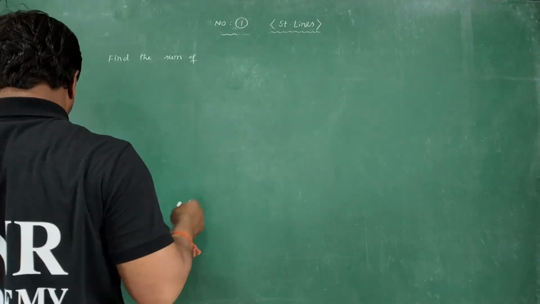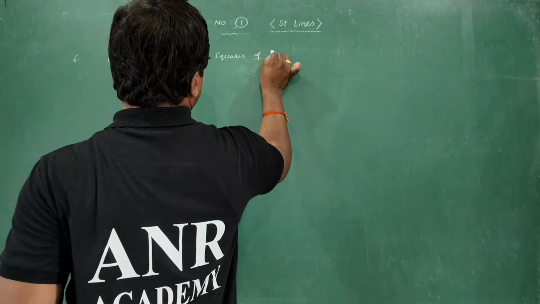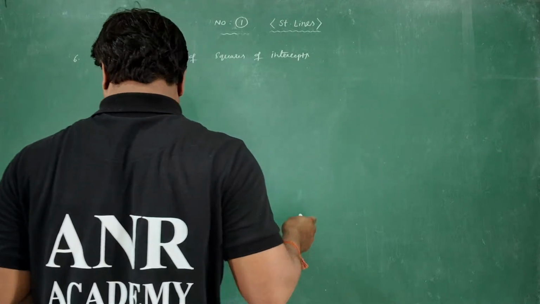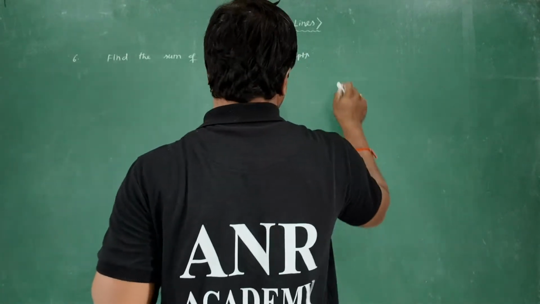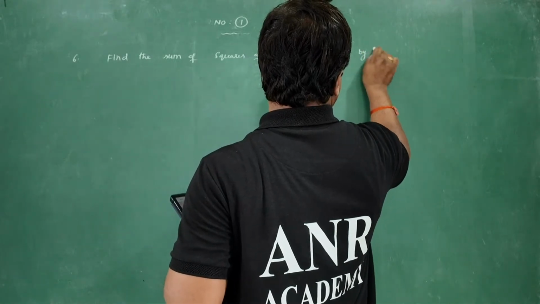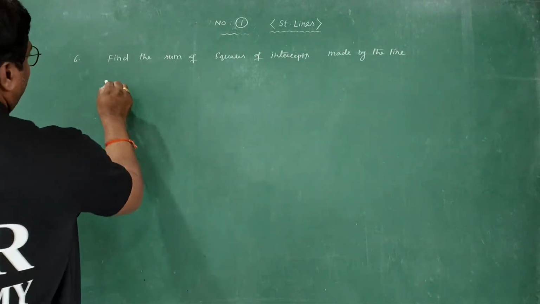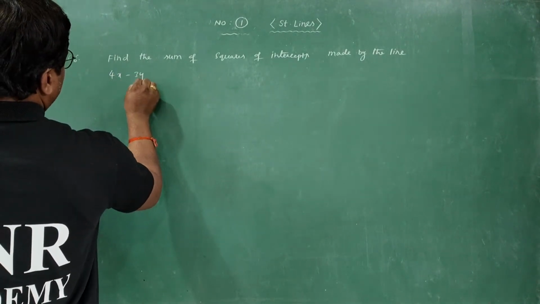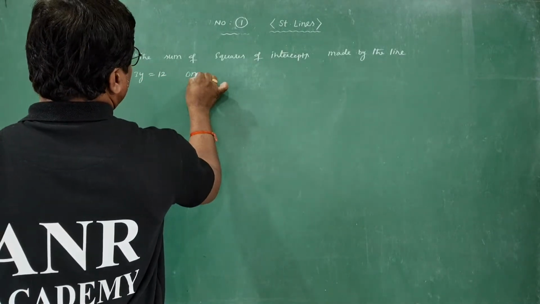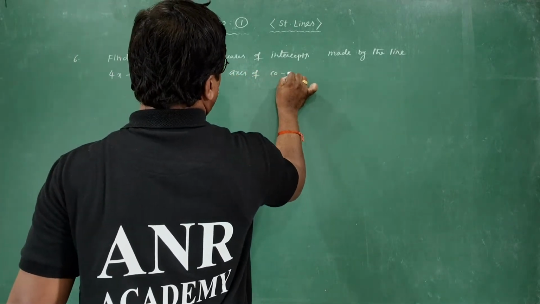Find the sum of squares of intercepts made by the line 4x minus 3y equal to 12 on the axis of coordinates.